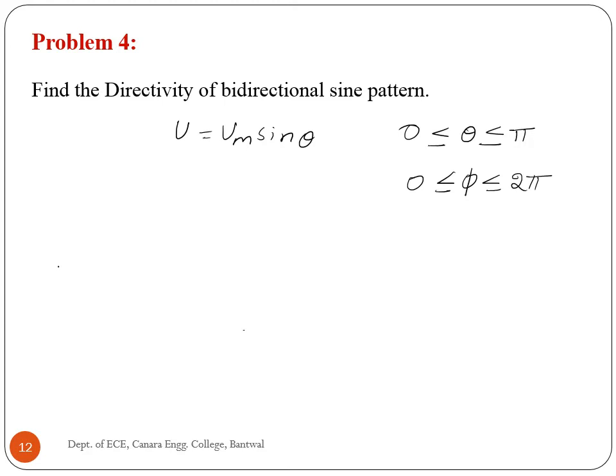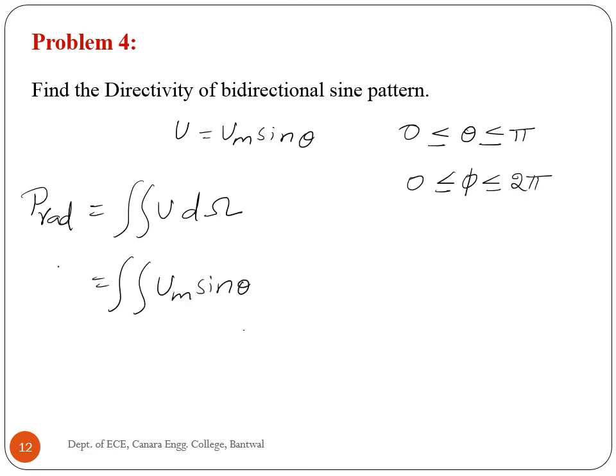To find the directivity, we have to find the radiated power, the integral of U d omega. U is the sine pattern, that is Um sin theta, and d omega is sin theta d theta d phi.